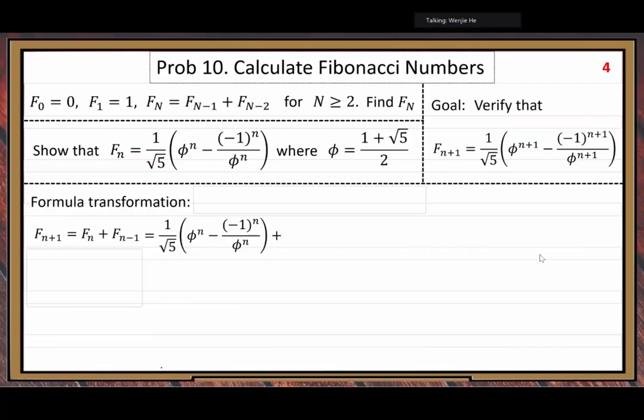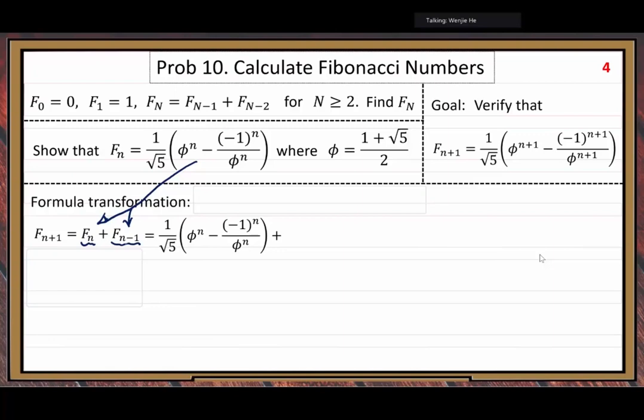You see, on the right hand side we can apply the formula, right? So we can apply the formula for the subscripts n and n minus 1. Why can we use this formula?